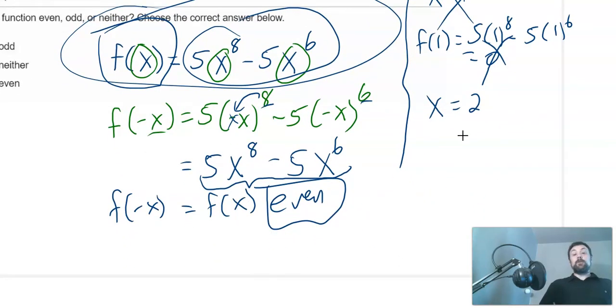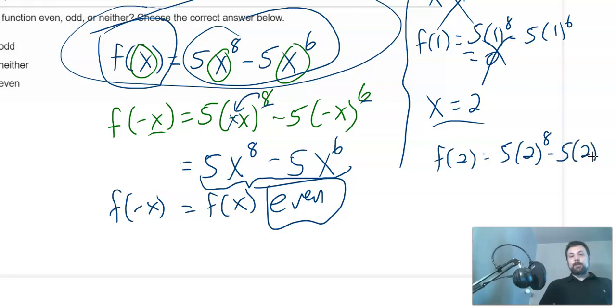So let's choose 2 for x. And we'll plug in 2. Right, so we'll get 5 times 2 to the 8th power minus 5 times 2 to the 6th power. Now I'm going to have to grab my phone, not to show you how to flip it over, but to use it as a calculator. And I'm going to have to turn it sideways to do that kind of an exponent. Okay, so we have 2 to the power of 8, which is 256, times 5.